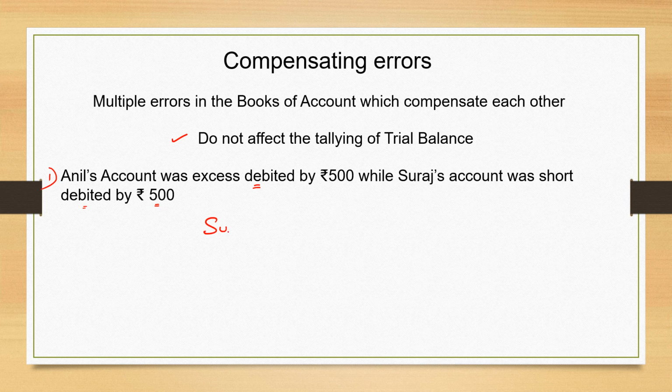So the rectification entry would be, we would debit Suraj account by 500 to correct the short debit and we would credit Anil's account with 500 to nullify the excess debit. So by passing this particular rectification entry, we are rectifying the compensating error which was caused in the books because of these two excess and short debits.